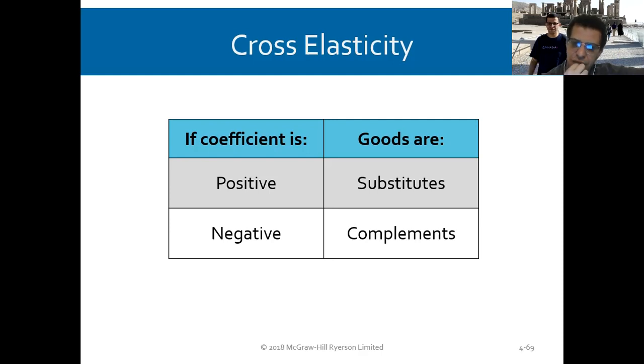But if it's negative, then goods are what? Complements. It means that if the price of beer goes high, because the consumption of beer is lower, the consumption of nuts is going to go lower, because they are complements of each other.